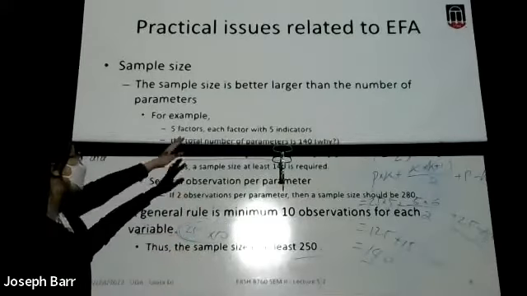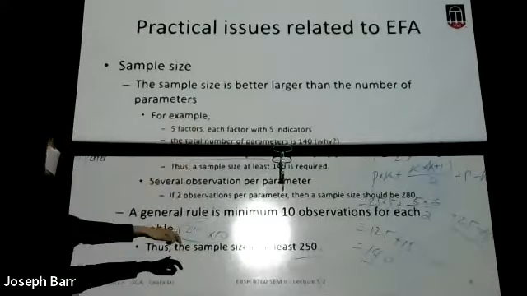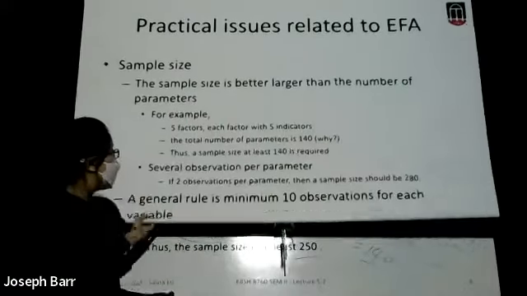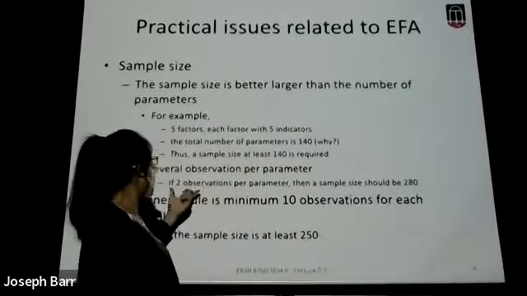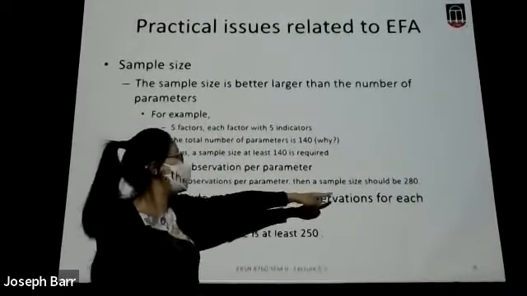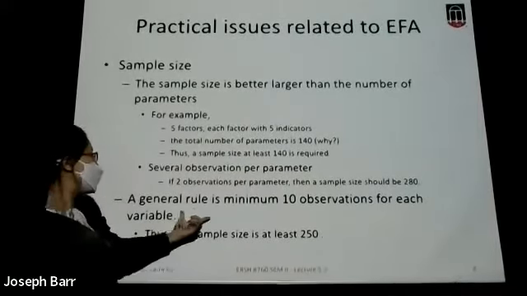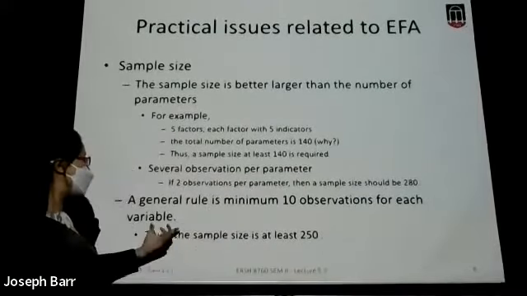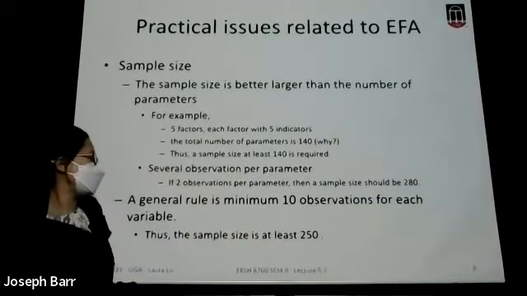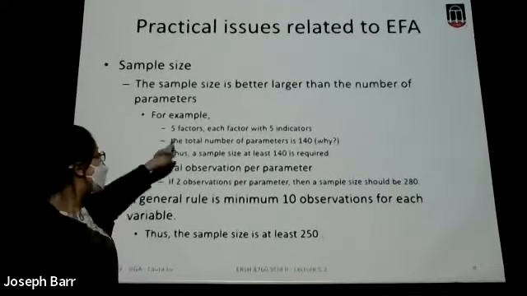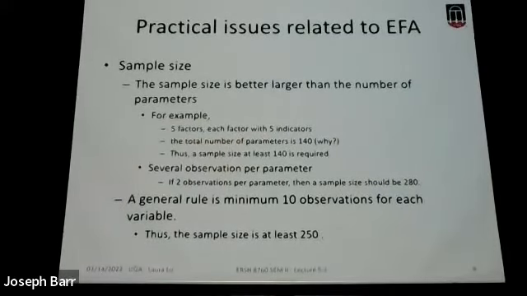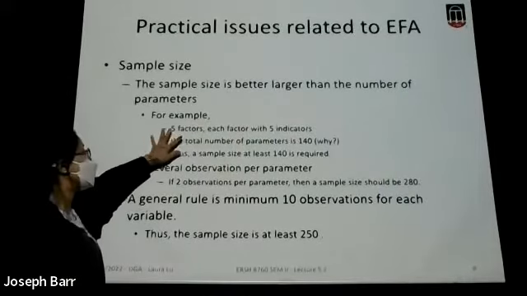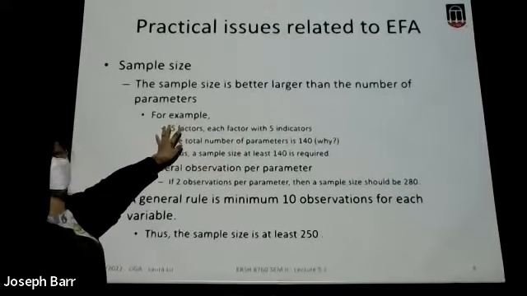Of course, we have different rules. If you follow this rule, then 150 is the minimum. If you have 2 observations per parameter, then 280. If you follow this rule, then at least 250. That's all for this case. Of course, if you have different models, this is only for factor models.